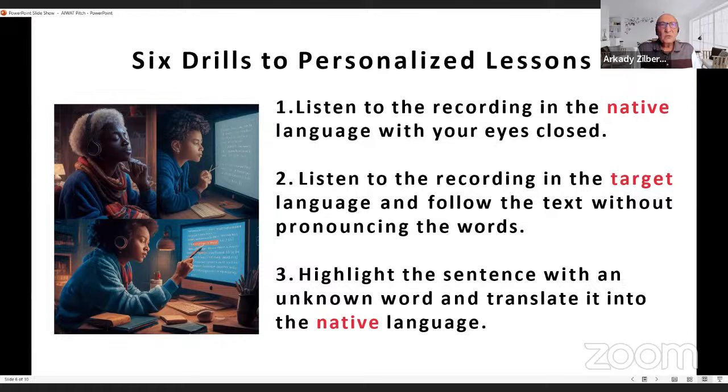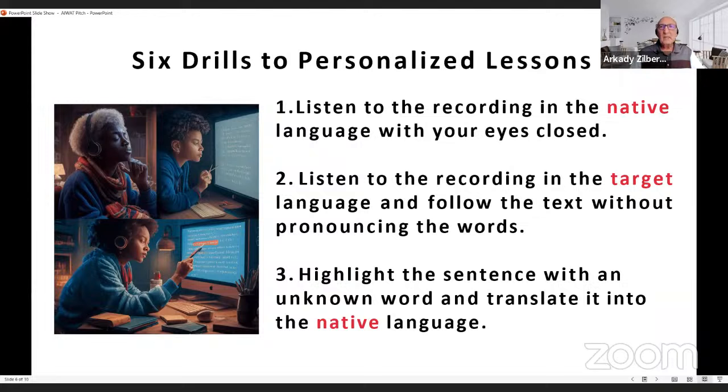But we should also remember that we need to perform 6 drills on our personalized lessons to acquire them subconsciously and to form language patterns which would be recorded by our subconscious and which will allow us to use them automatically without thinking.